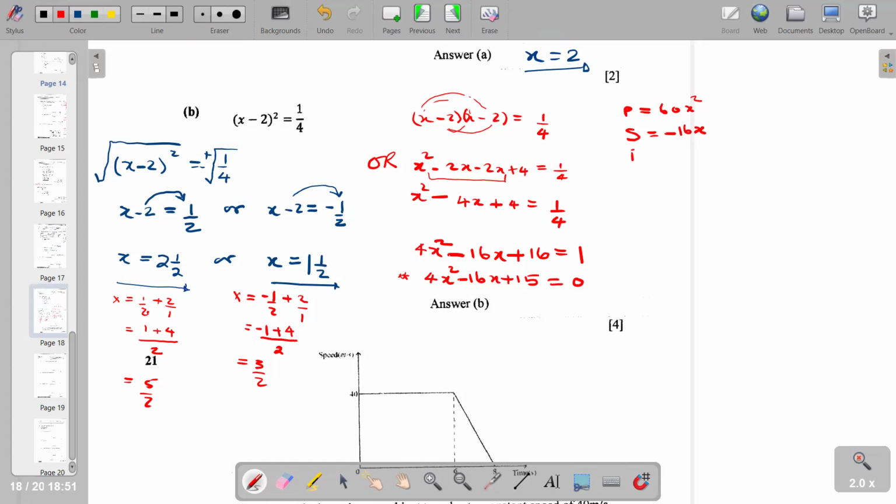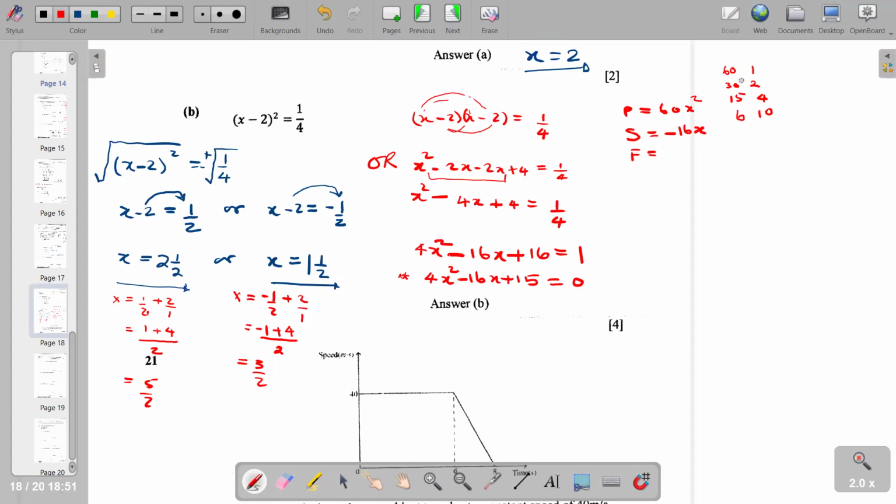Then the factors: we want two numbers which when we multiply them we get 60, but when we add them we get minus 16. So we can talk of 60 and 1, 30 and 2, 15 and 4, 6 and 10.